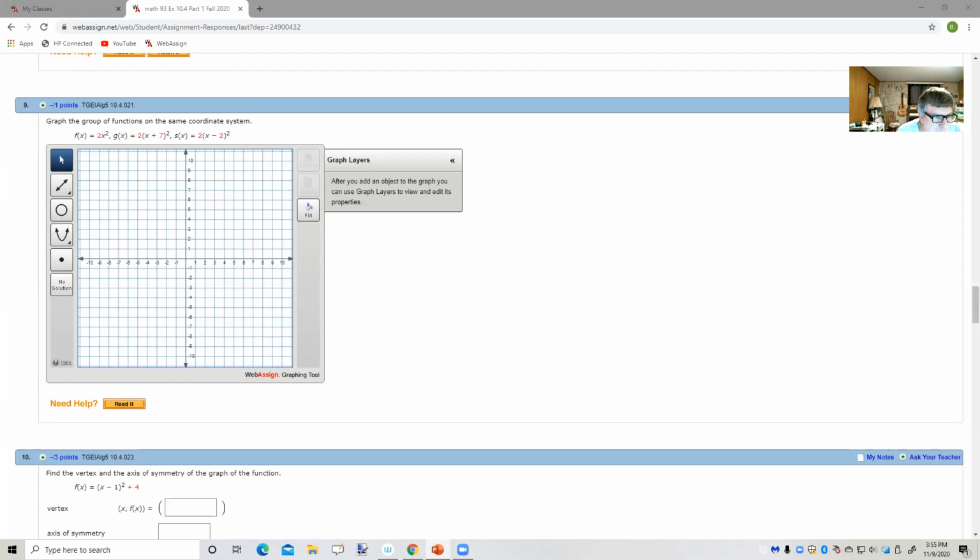And then g of x equals 2 times the quantity x plus 7 squared. And then, let's see here, s of x equals 2 times the quantity x minus 2 squared.